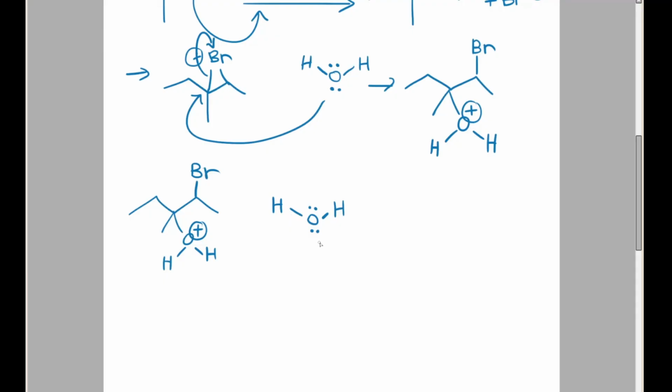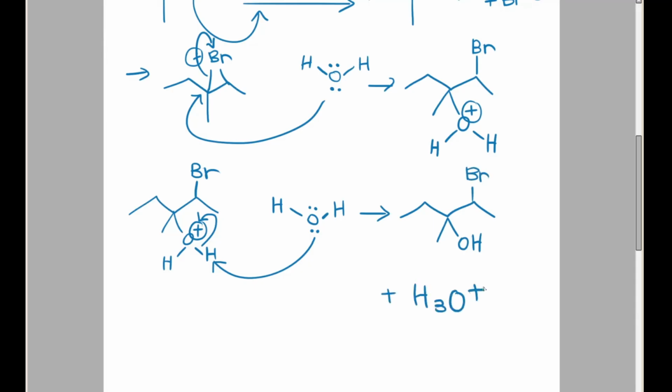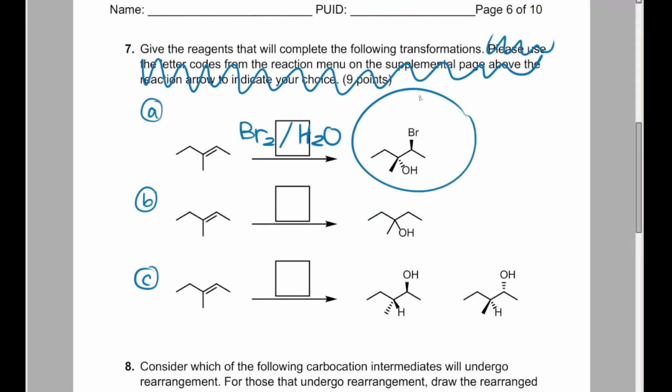In this case, the oxygen atom is going to attack one of these hydrogens, and then this bond will break and dump its electrons onto the oxygen atom on this molecule, making it neutral, so it's more stable. So you end up with something like this, with a byproduct of H3O+. And that's how we get this product.